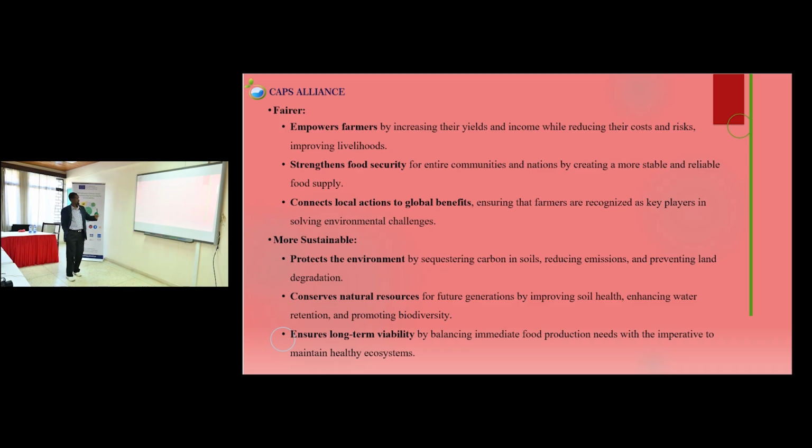So, more sustainability protects the environment. We have to protect the environment in whatever we do in agriculture. We don't want overuse of fertilizers, pesticides, and herbicides and all that. That does not protect the environment. In any case, it's going to harm the environment. That's why we talk about smart agriculture.